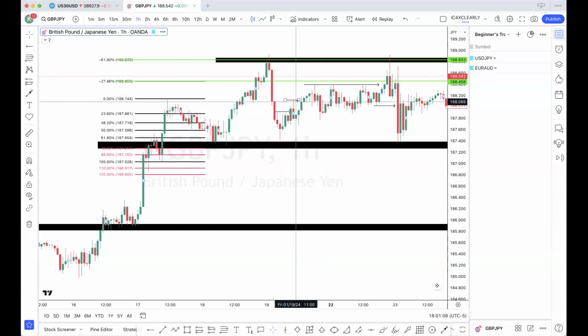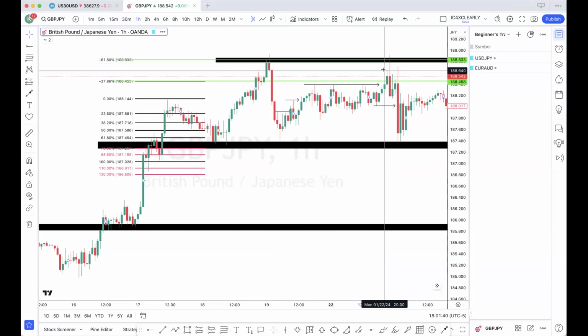Matter of fact, it broke structure here, pulled back, broke structure here. That was just a pullback to mitigate these imbalances. That could have been your second entry. And then price pushed up, pulled back, not breaking the low. It didn't break this high. It didn't break this low. And then price continued to push up to the top side.